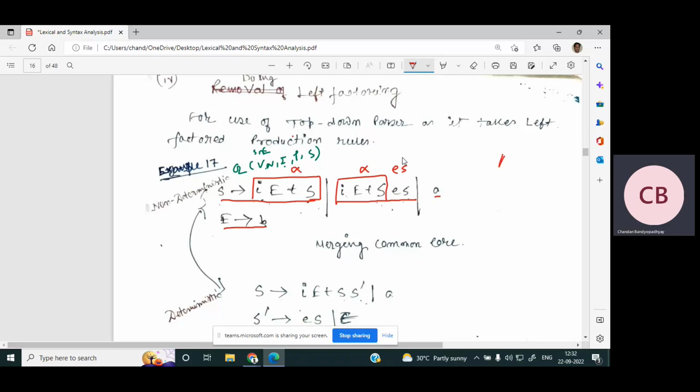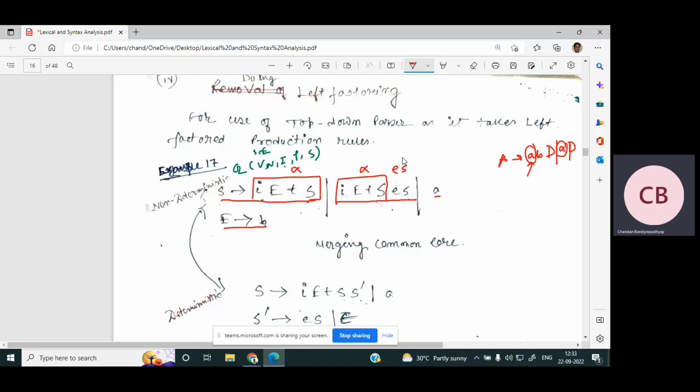For example, there is a production containing small a capital B D, or containing small a capital D, capital B. This type of grammar a compiler cannot take, that has the same input token. Input token means this is a, this is a. Now, if someone asks me to start with a, I will be confused whether to go ahead with this production or this production. This is a problematic part for a compiler.